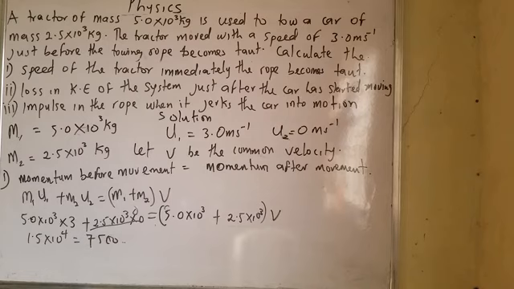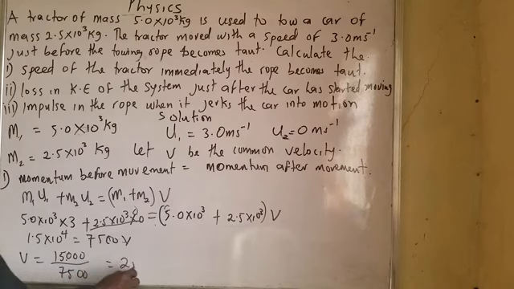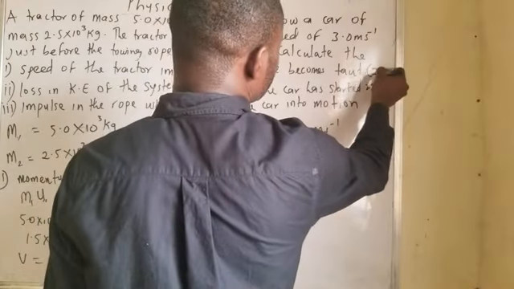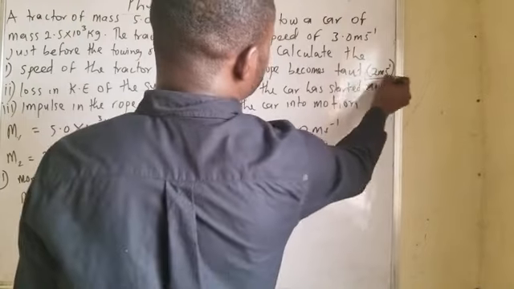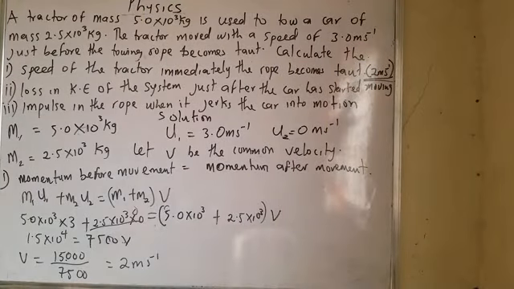Now, my V will be equal to 15,000 divided by 7,500, which will be equal to 2 meters per second. That is, this is 2 meters per second. Please take note of that. 2 meters per second. Please, what we are talking about is 2 meters per second.